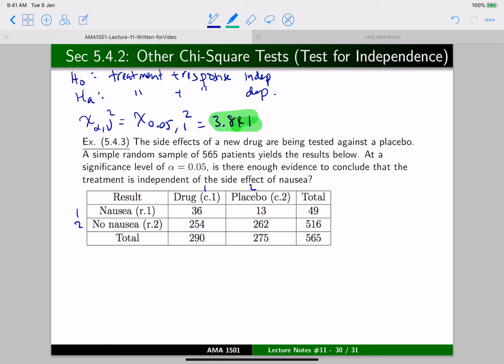Now let's compute the expected values. For example, I'll just do this one, highlighted in green. The expected value E11 is the total of row 1 times the total of column 1 divided by the grand total. Put that into the calculator, it is actually 25.15.